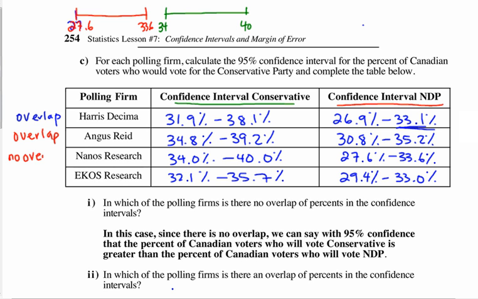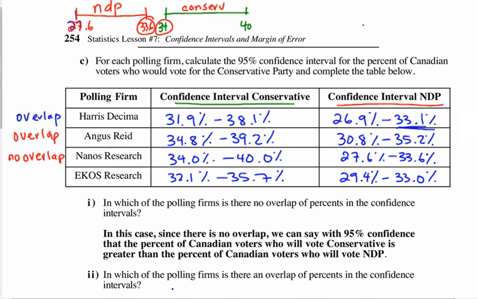So in that situation, I could be very confident that conservative in this survey is going to beat NDP. The conservative would win for sure there, because we're 95% confident in these polls, so even if NDP does really well, that's still not as good as if the conservative did its worst.